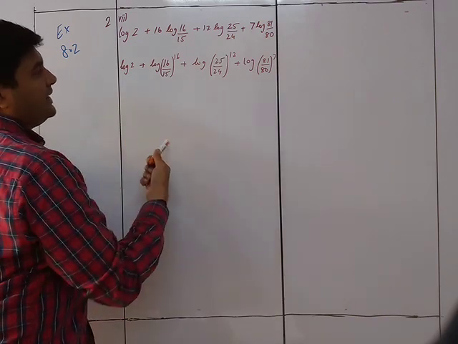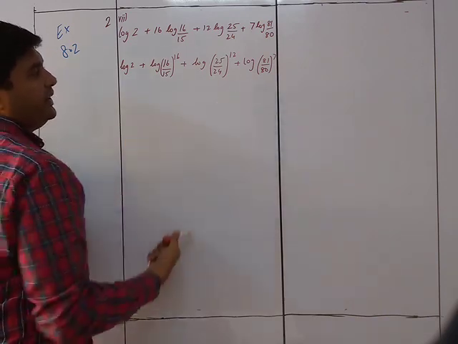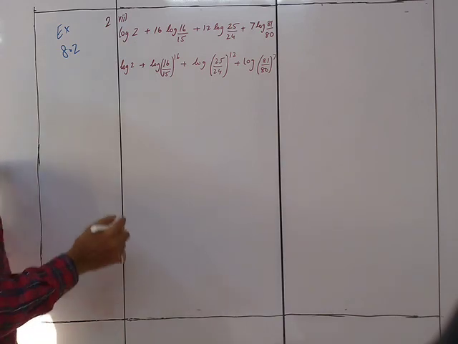What we can do is convert all of them in terms of 2s, 3s and 5s.